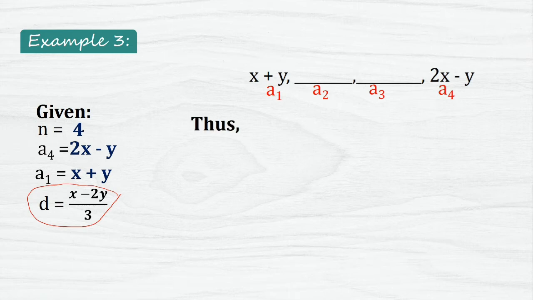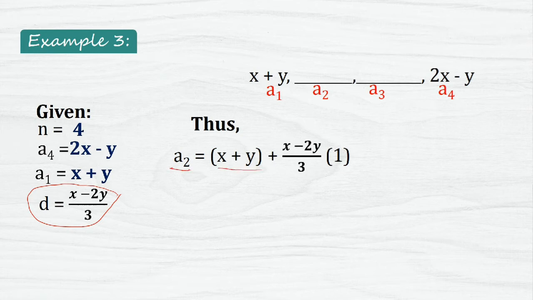Thus, for the first arithmetic mean, that's the second term, a sub 2 equals the first term x plus y, plus our common difference times n minus 1. N is 2. 2 minus 1, that's 1. Next is our LCD, which is 3.